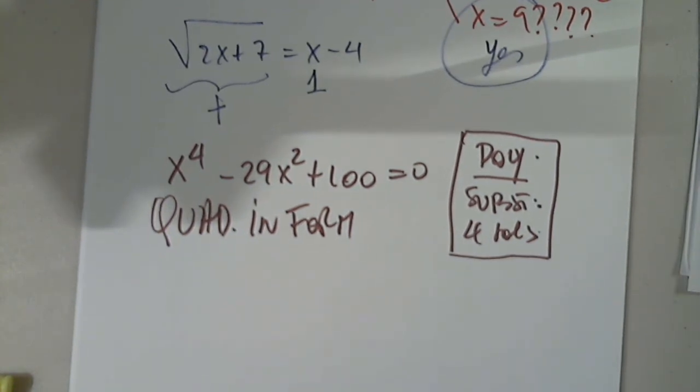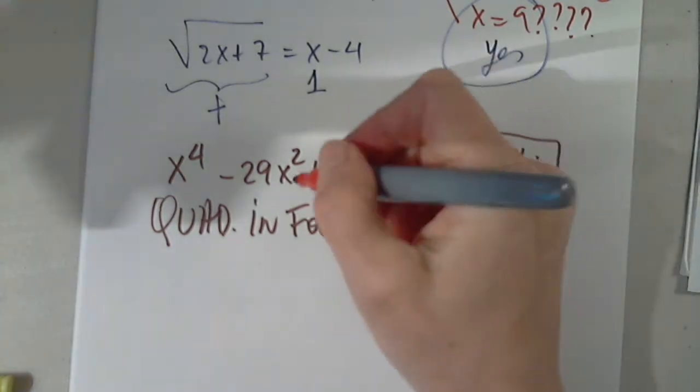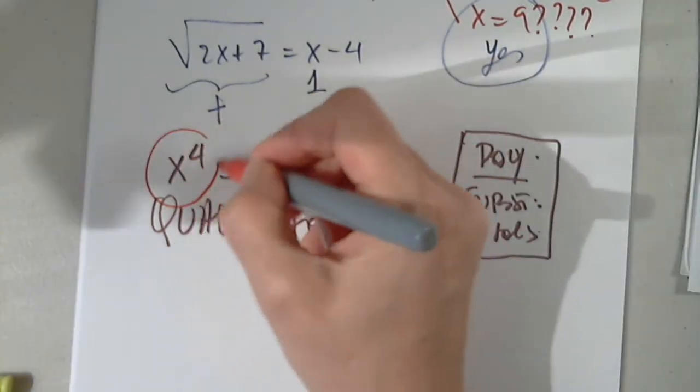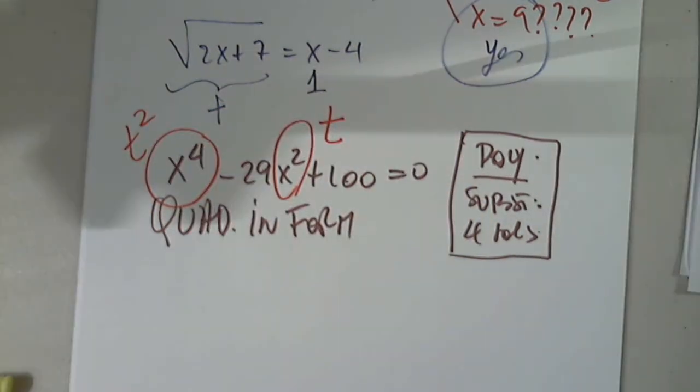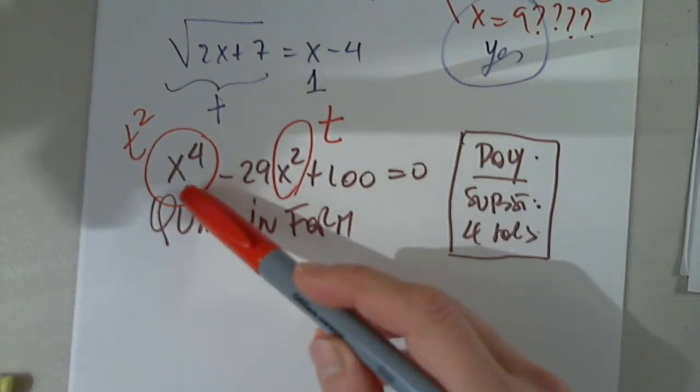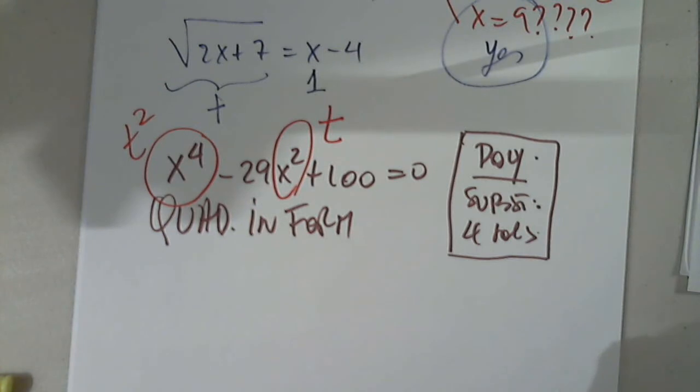Okay, so obviously the substitution, I always look at the lowest degree. So if I denote this, let's say by t, if this is not t squared, I cannot continue. But it is t squared. Because when I square x squared, I get x to the 4th.